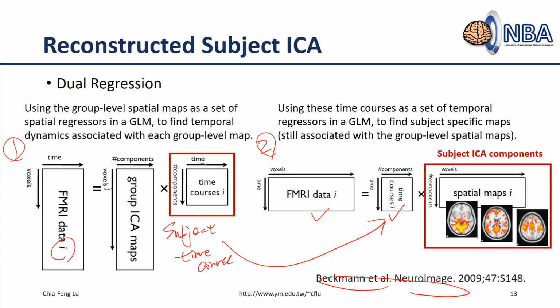You can determine whether a group of people, for example the healthy controls and the patient group, may have similar or different spatial maps. So this is the so-called dual regression approach that can help you reconstruct the subject ICA from the group ICA result.